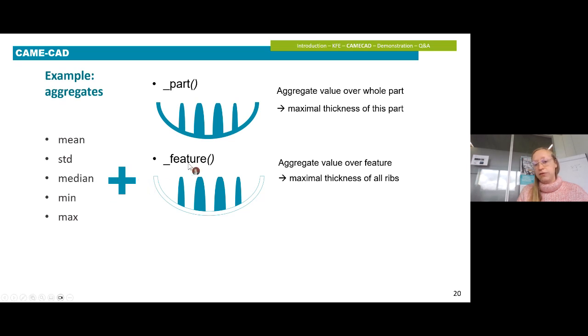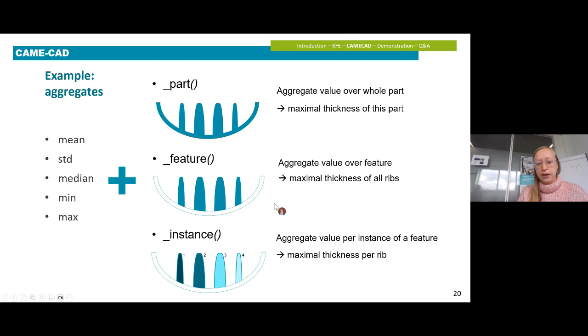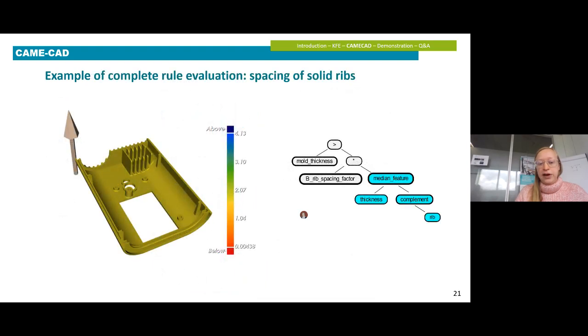We use the median feature of everything that is not a rib to calculate our nominal thickness. Lastly, we can also limit it to instances. For example, if you want to calculate a certain value averaged over every instance separately. If we evaluate this then on our part, we see here that we indeed get the nominal thickness, a 1 value for our whole part.